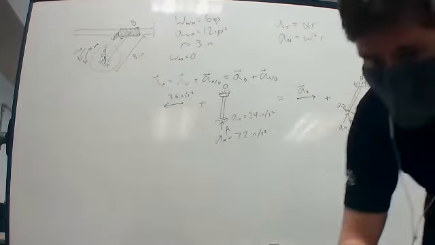So we can say AN right away is 0 since AN is omega squared R. And then AT is unknown because this angular acceleration of AB is unknown. So we'll say AT is just equal to the unknown alpha AB times 8 inches.